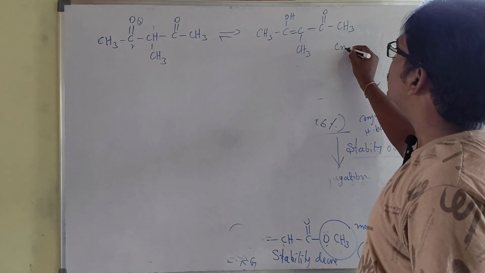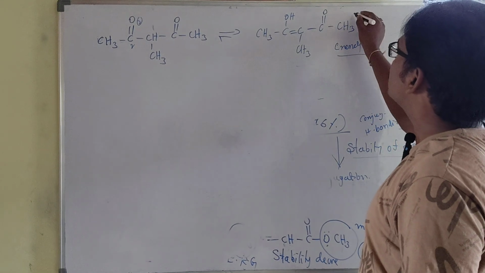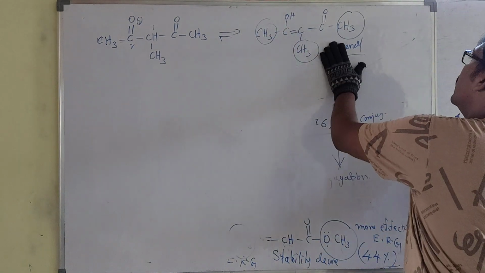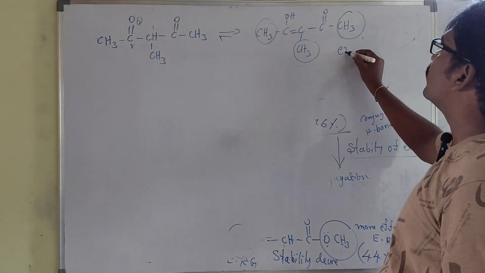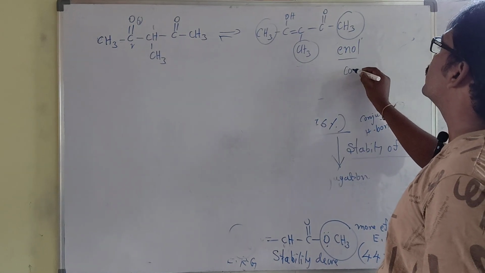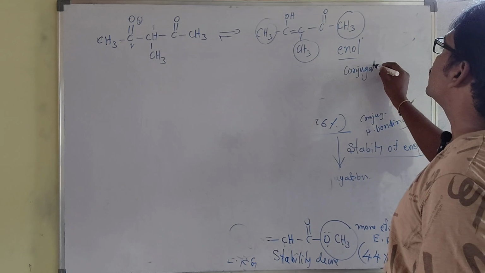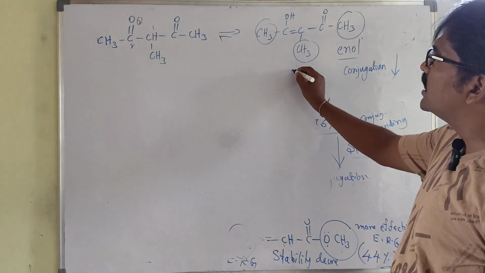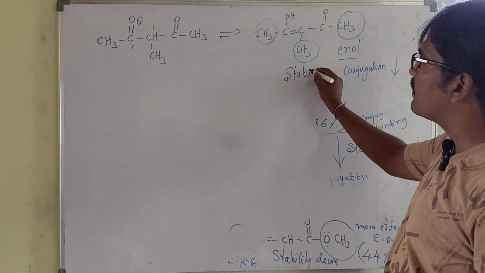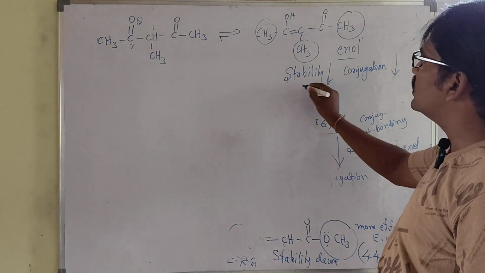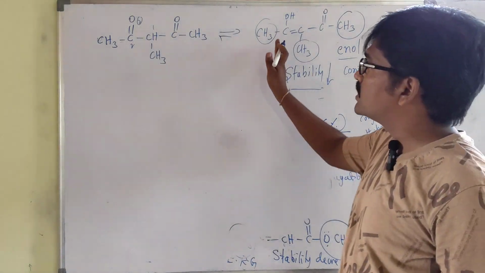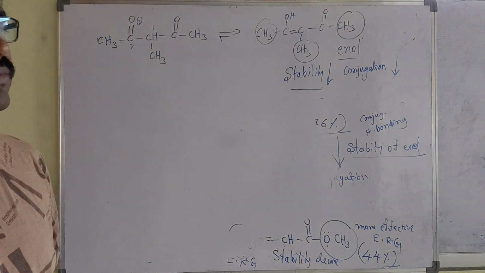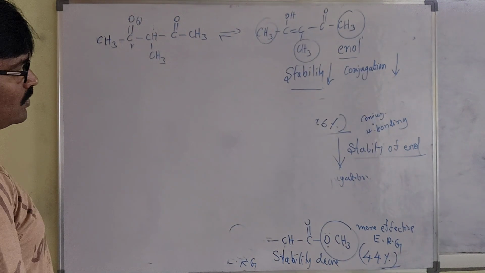So this is the enol content. Here there are electron releasing groups, electron releasing groups, electron releasing groups. When there are so many electron releasing groups, automatically conjugation decreases. Once conjugation decreases, stability also decreases. So remember, my dear students, the stability of this enol is less than that of the ketone. That's what I told. Okay.